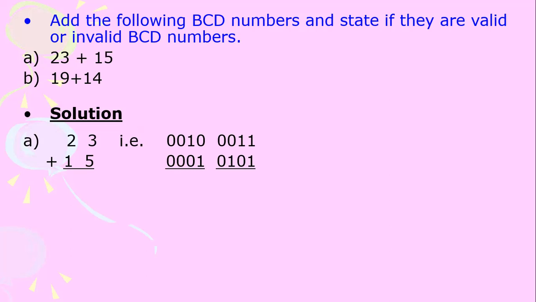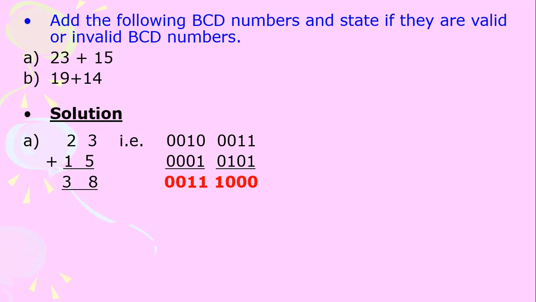When we add, you start adding from the least significant side. So 1 plus 1 is 0, carry 1. That carry 1 plus 1 gives us 0, carry 1. 0 carry 1 plus 0, we get 0, carry 1. So we move that 1 to the next column. 1 plus 0 is 1. 1 plus 1 is 0, carry 1.